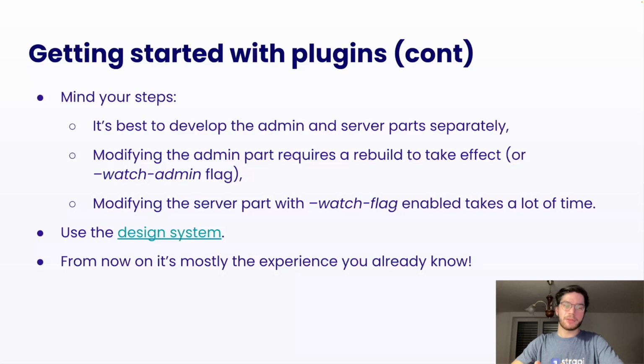You can utilize the watch admin flag, which is great, but if you are only changing something in the server side, or rather the API, it's going to take a whole lot of time before you can interact with the application. So you should always be mindful of which part you are developing, and start the development with the specific flags you need.